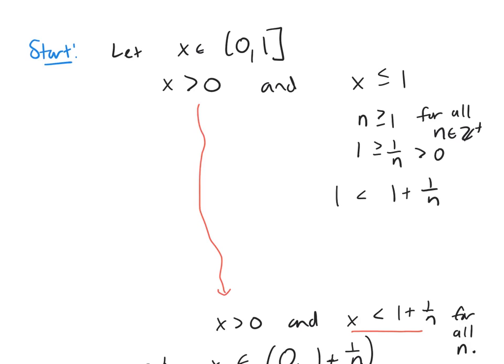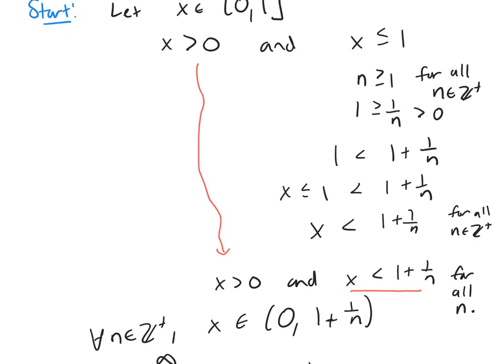And what do we have? We have that x is less than or equal to 1, but 1 is less than 1 plus 1 over n. So if you put these two pieces together, you would get that x is less than 1 plus 1 over n, and this was for all n in Z plus, which is exactly what I needed to get to.